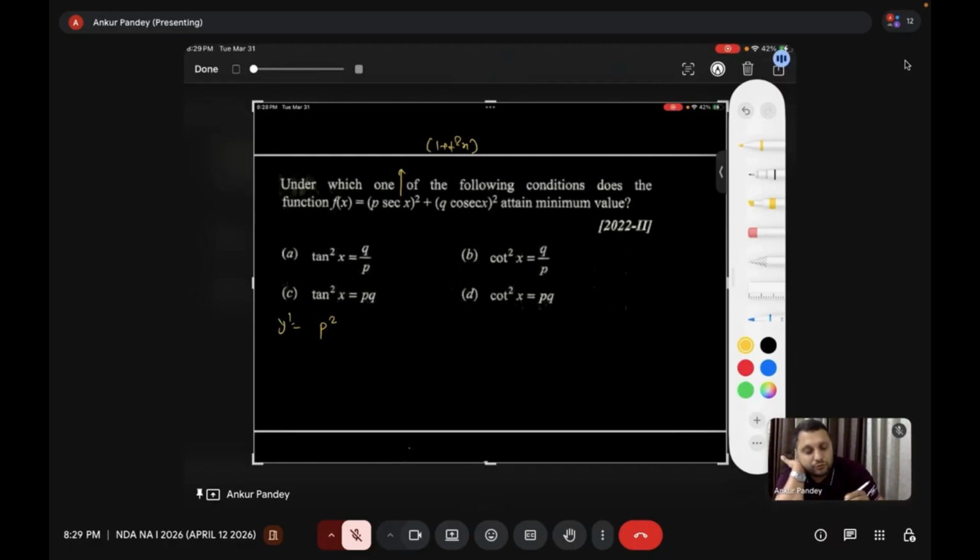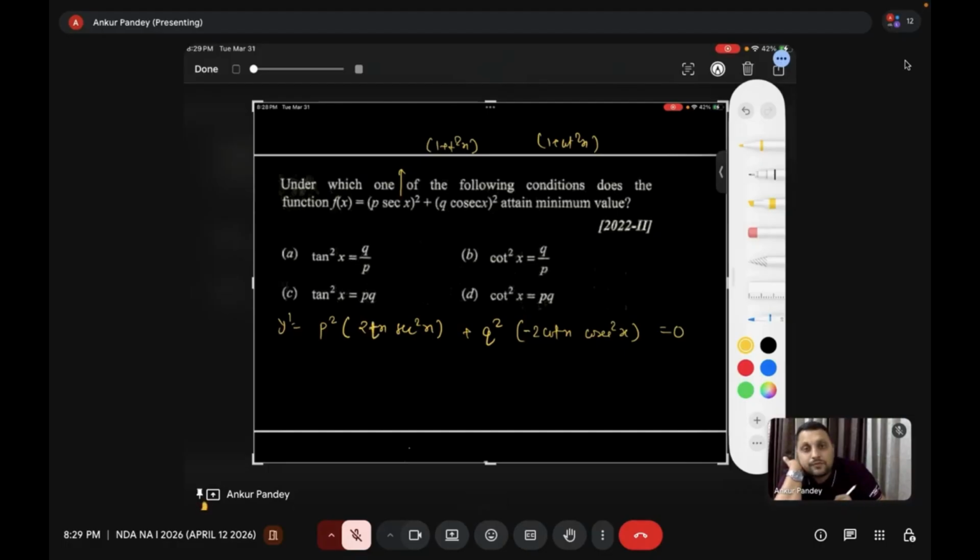Okay, if I do so, differentiation of 1 is 0, differentiation of tan square is 2 tan x secant square x, plus q square as it is. Cosecant square can be written as 1 plus cot square x. So differentiation is 2 cot x negative cosecant square x. Yes or no? And this has to be equal to 0. Are we clear?